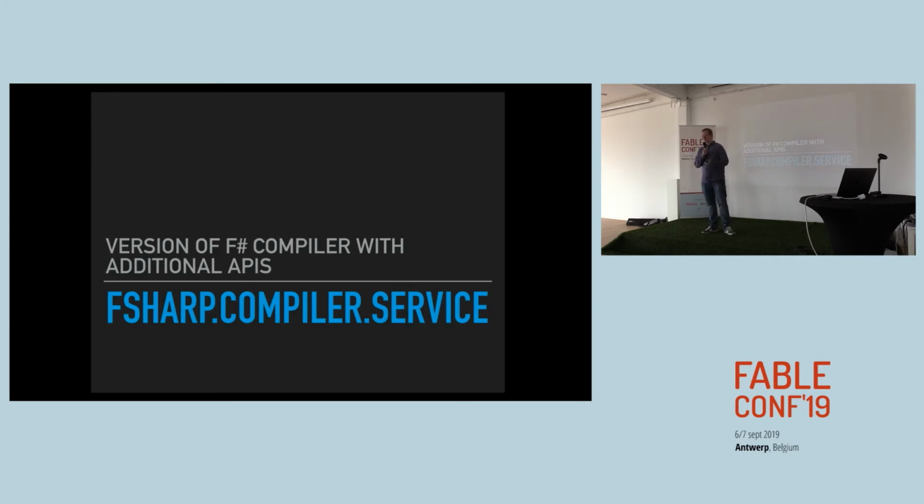Reflection is a mess. It's slow. If something has changed in the compiler, then this whole reflection thing had to be rewritten. So Thomas and Dave and a couple of other people in the community created F# Compiler Services. F# Compiler Services is basically a fork of the compiler with several additional APIs exposed.